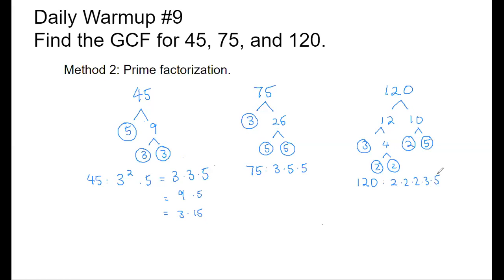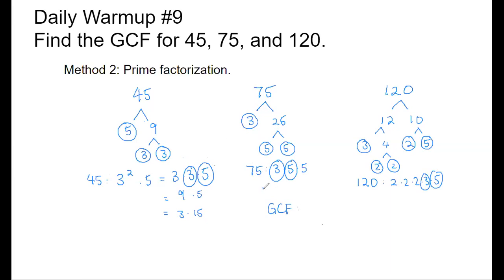Okay, then we see each of those has at least one 3 and at least one 5. So our greatest common factor, because as I said before, you could combine these prime factors to find the other factors that make up 45, that make up 75, that make up 120.